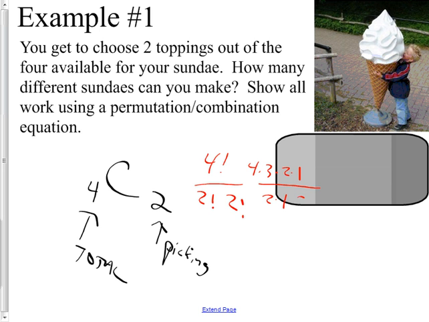I'd be able to do it way quicker. 4 can cancel the 2 2's on the bottom. And now it's 3 times 2 all over 1, so the answer is 6. See how you probably could do that just as fast in your head if you know what the numbers were? Yeah, if it was numbers like 38, the calculator would be way better, because 38 factorial is going to be a pain in the neck.